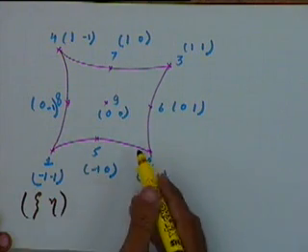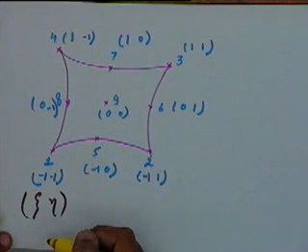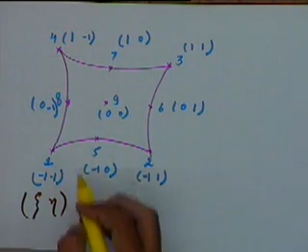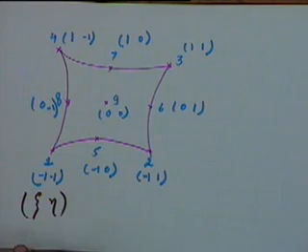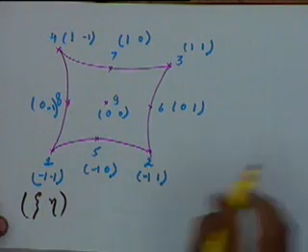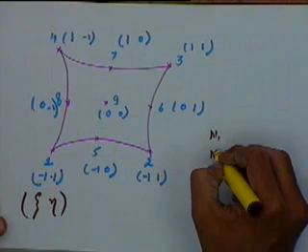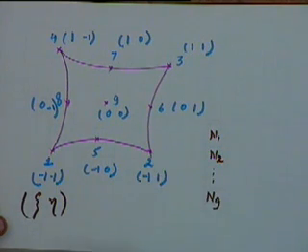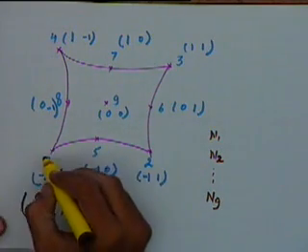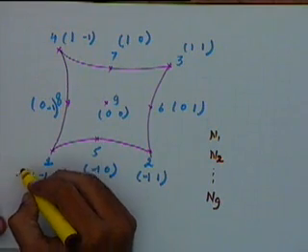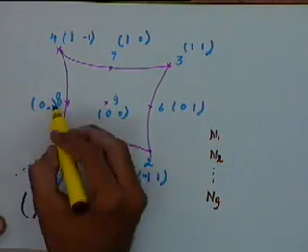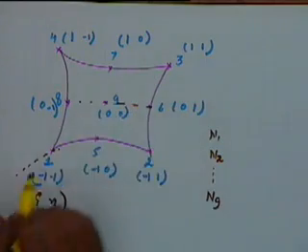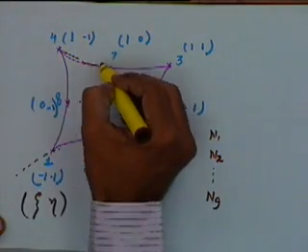I am redefining my x and y in terms of zeta and eta. So for an element like this, we have to define n1, n2, and so on till n9. The way we can do it is we will define one line like this, another line like this, and a third line like this.